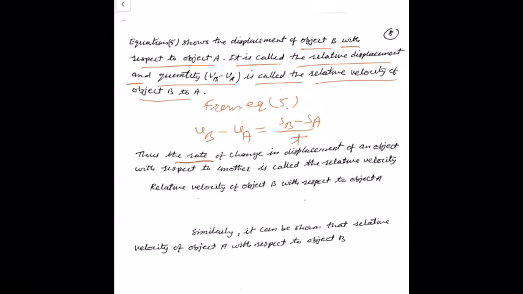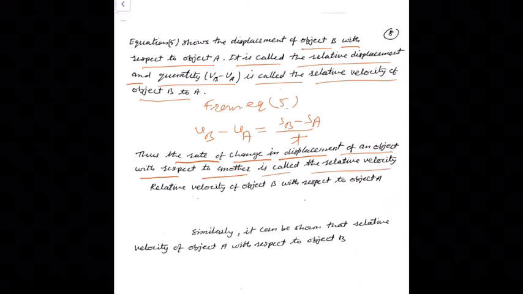Thus, the rate of change in displacement of an object with respect to another is called the relative velocity of object B with respect to A. It means VBA is equal to VB minus VA.